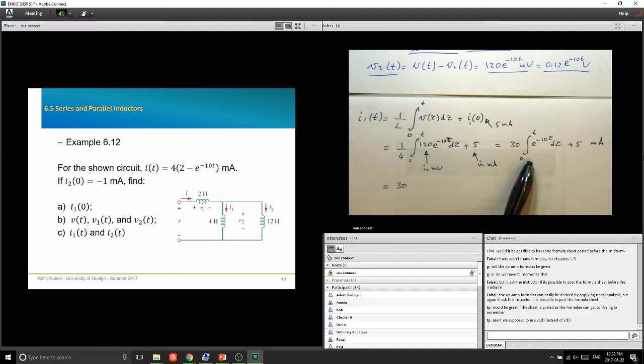I'll do this integration. It is 10, and my limits are from 0 to t.